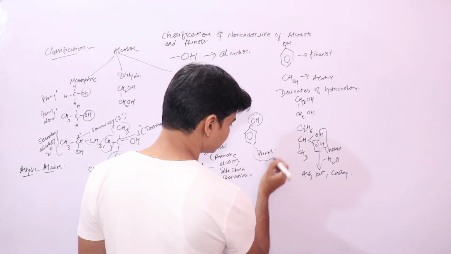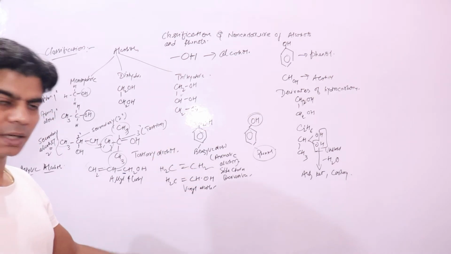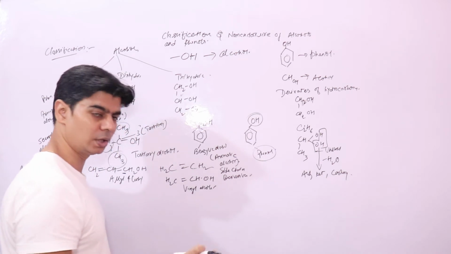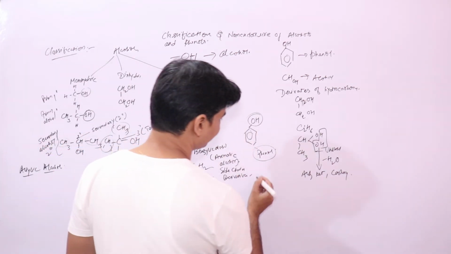So this is your phenol, and you can see these are different from aromatic alcohols. Phenol is where OH is directly attached to the benzene ring, like here.